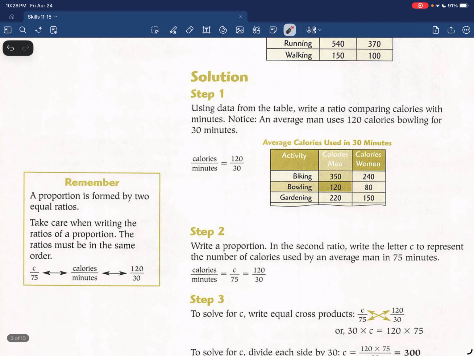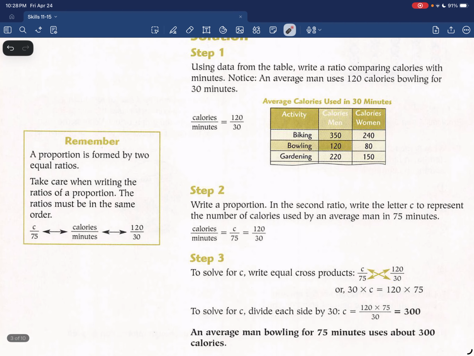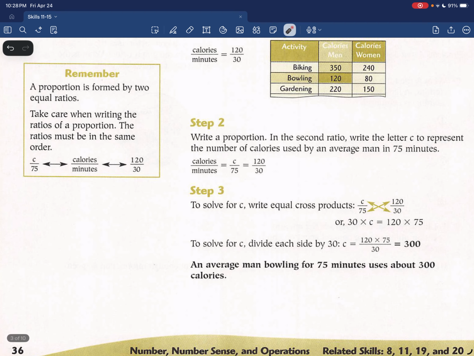Step 2, write a proportion. In the second ratio, write the letter C to represent the number of calories used by the average man in 75 minutes. So they did exactly what we did, except they put calories on top. To solve for C, write equal cross products. Now this is where theirs looks a little different than mine. They didn't draw a peanut.